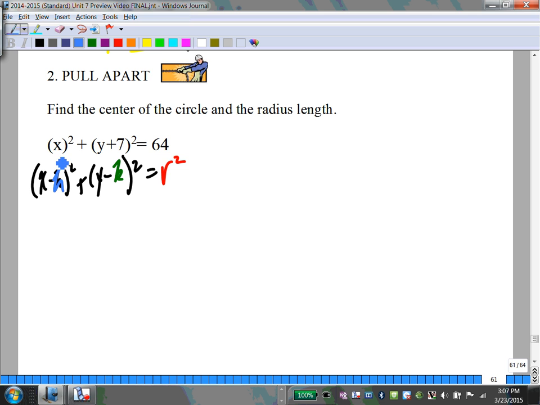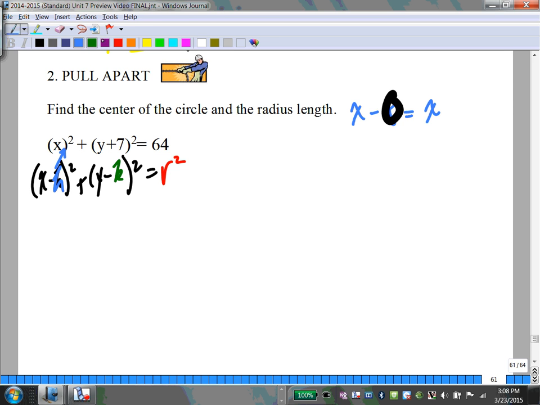Now you have to ask yourself, there's nothing there, so ask yourself, x minus what number is just x? That's what you're thinking. X minus what number is just x? It's the addition identity property, and that number there is going to be 0.